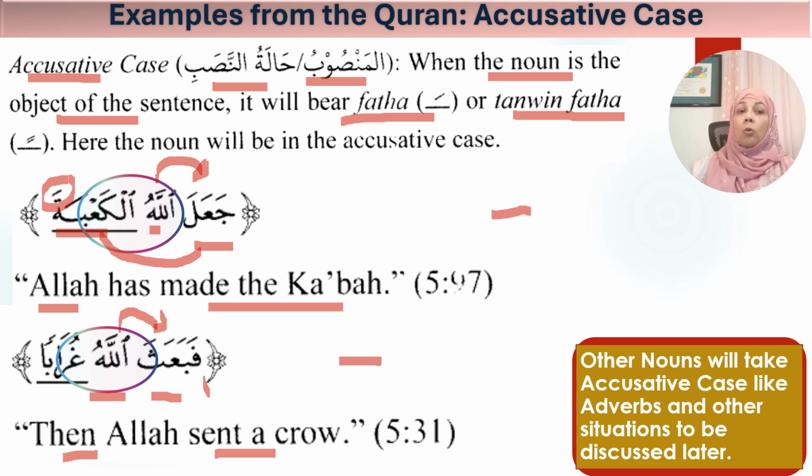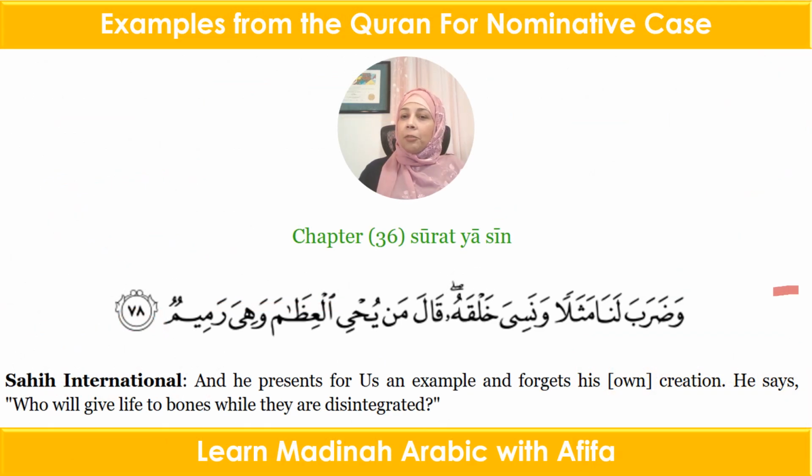Allah sent a crow. So Guraban is the object. It is the maf'ulun bihi. And we said it ends with the marker of tanween fatha, right? So that is mansubun.